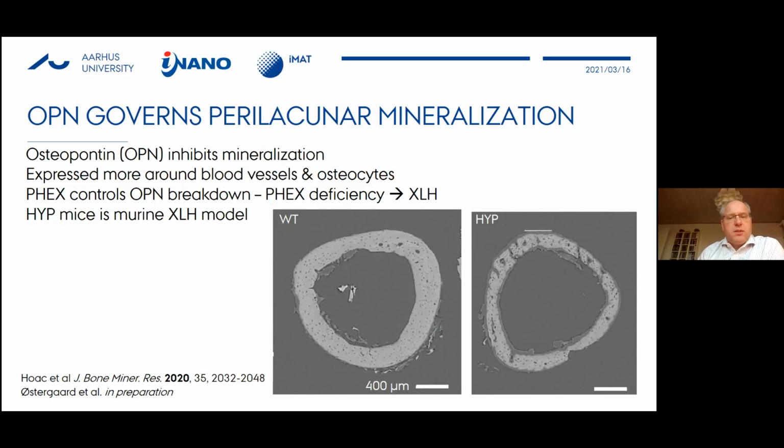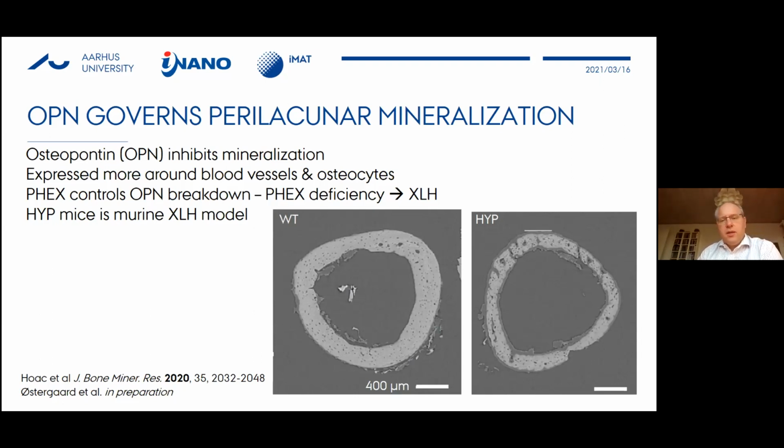And osteopontin is an important inhibitor of mineralization. And it's overexpressed around blood vessels, the osteon canals, and osteocytes. And so what happens in normal bone formation is that there is an enzyme controlled by the gene PHEX that breaks down the osteopontin and thereby allows the mineralization process to proceed.